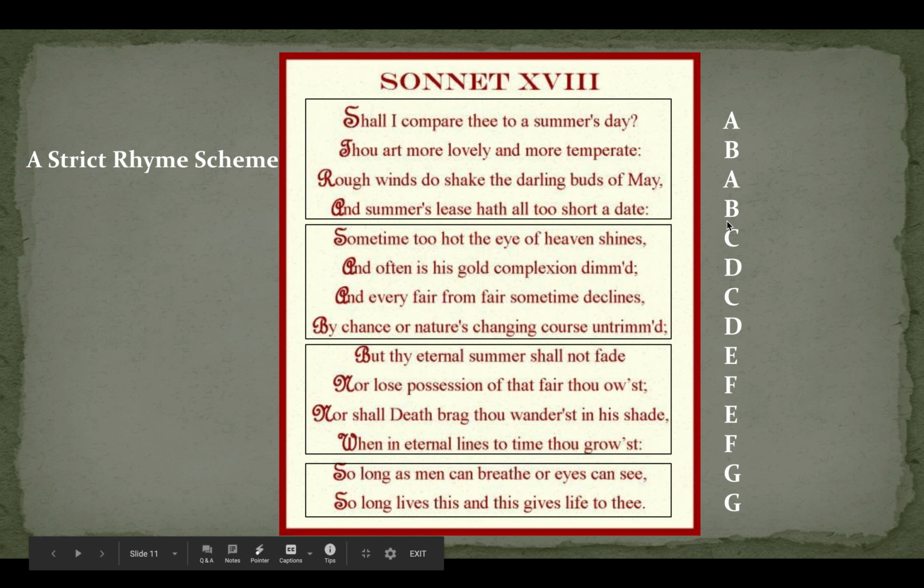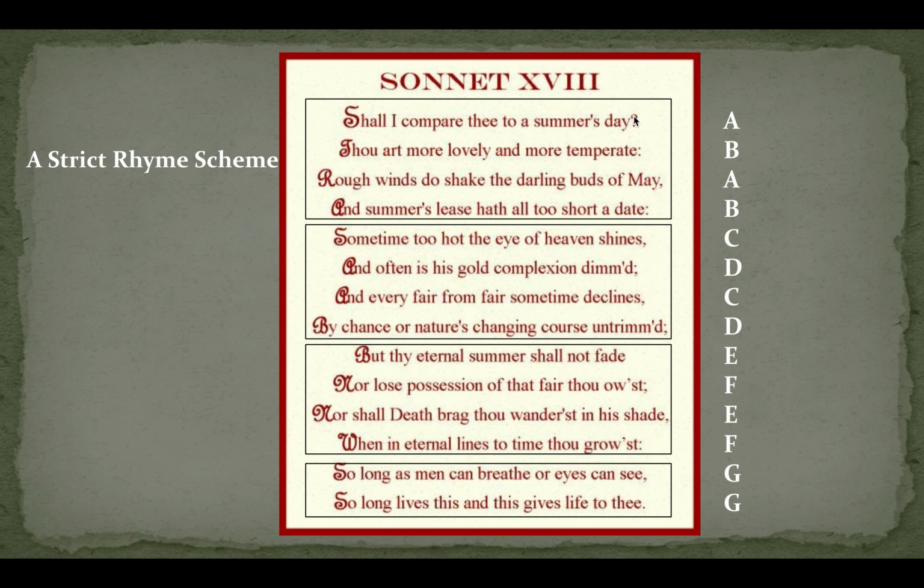So in the first section, we have a rhyme scheme of A, B, A, B. This means that line A rhymes with this line A, this line rhymes with this line. And then going on to the second section, we have an alternating rhyme scheme. So again, A rhymes with A, B rhymes with B, C rhymes with C, D rhymes with D, etc.